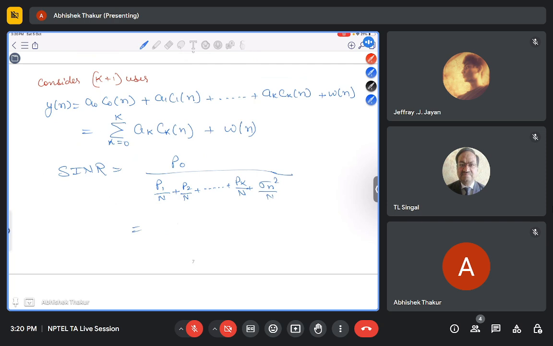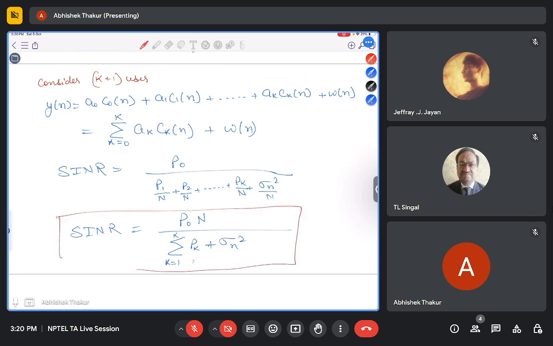So this will become P naught n divided by summation of k equal to 1 to k Pk, plus the noise power sigma n square. So this is the generalized SINR for k plus 1 users in CDMA.